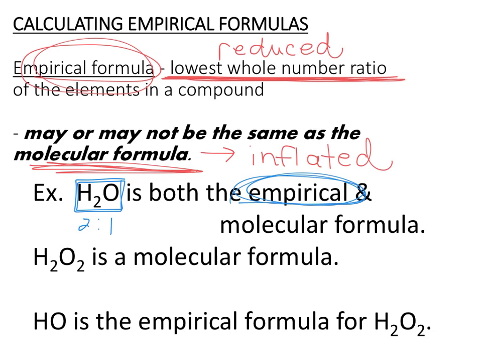We also use water all the time. It's everywhere we go. We should be drinking an insane amount of water a day. I try to drink 100 ounces a day. But because we use water in this form, it's also called the molecular formula.